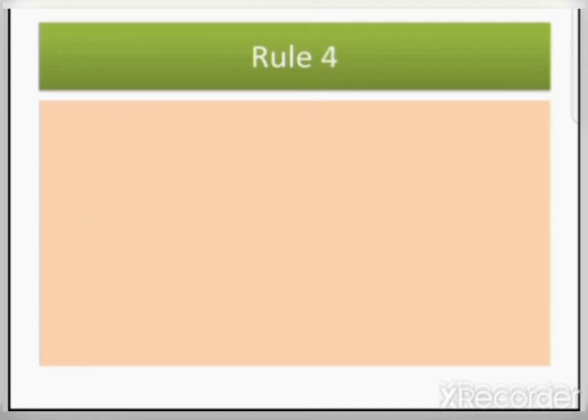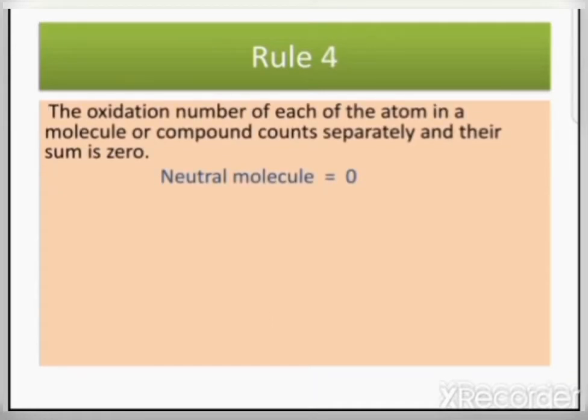Rule number 4. The oxidation number of each of the atom in a molecule or compound count separately and their sum is 0. This is in case of neutral molecule. In case of neutral molecule, the total sum of oxidation state of atoms is equal to 0.